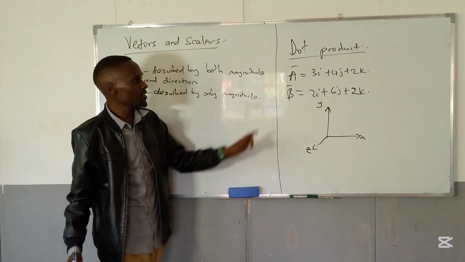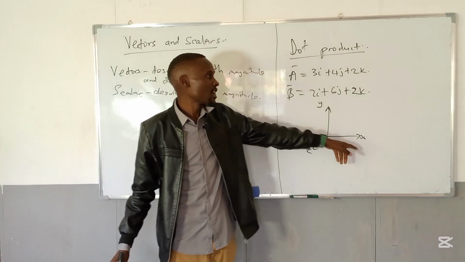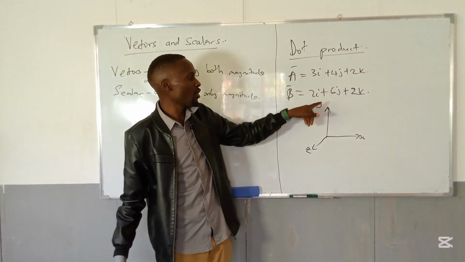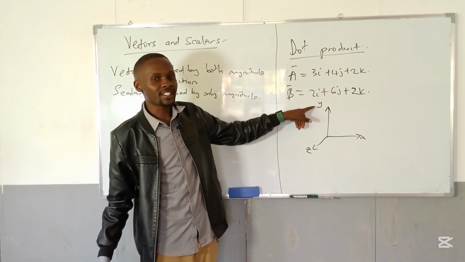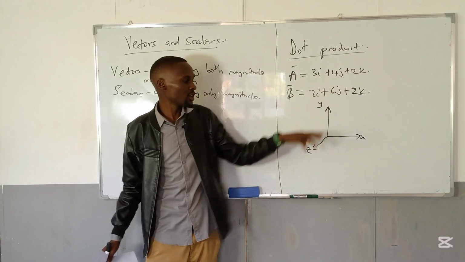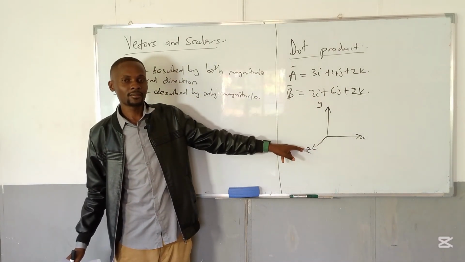So when we say 3i, this value 3 lies on the x-axis. Then when we say 4j, that means this value of 4 lies on the y-axis. Then if you say 2k, that means that value of 2 lies on the z-axis.